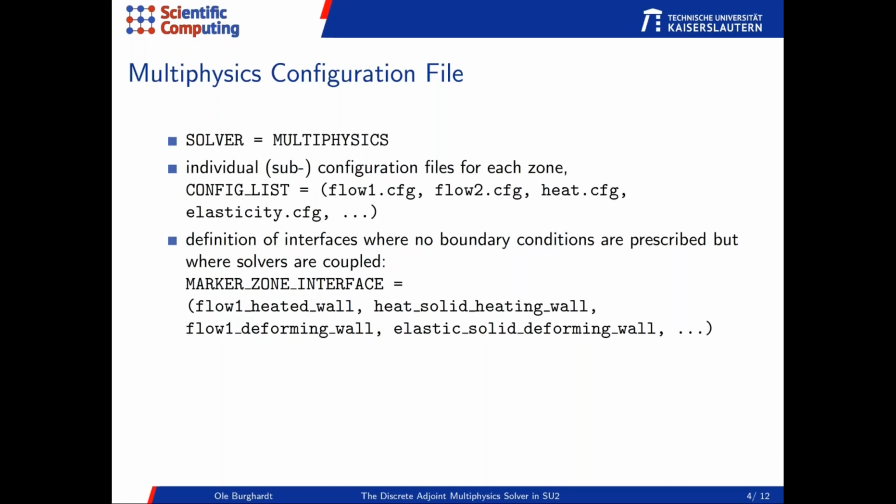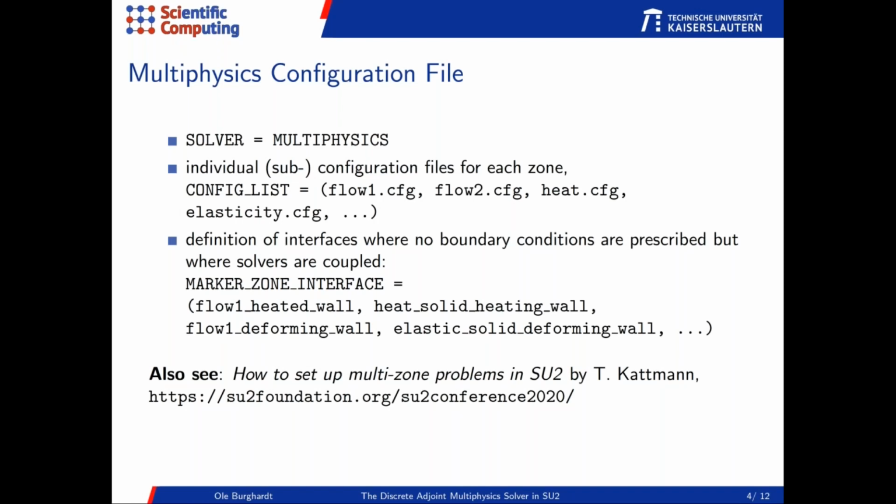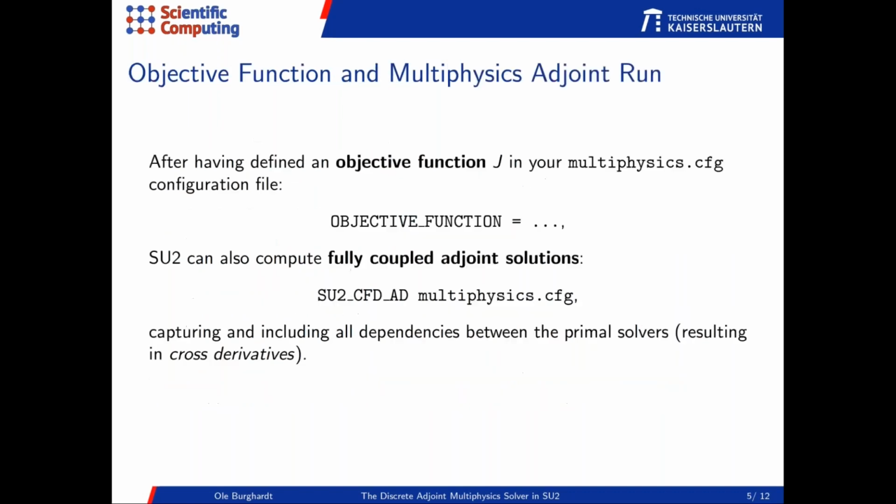Let me also point you to last year's presentation by Tobias on how to set up multi-zone problems in SU2, which can be found on the SU2 Foundation website. Next, please. After having defined an objective function in your master configuration file, SU2 can also compute fully coupled adjoint solutions just by running SU2_CFD_AD.